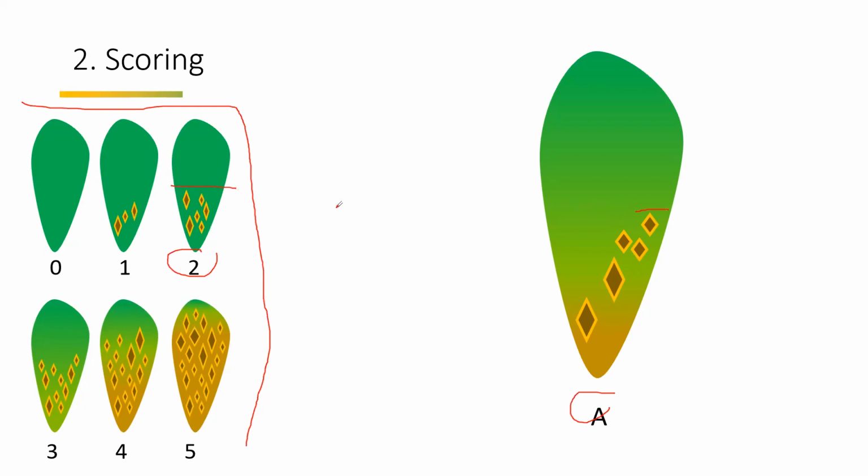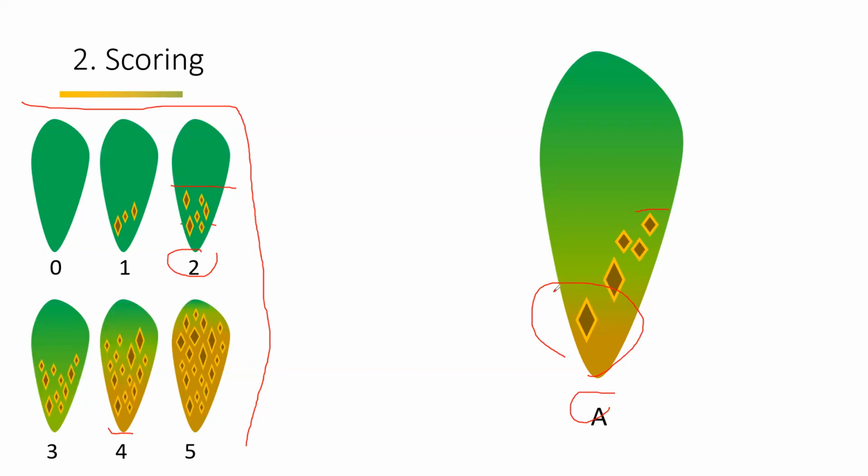But some of you may see there is a browning here. Yeah, there is a browning here. And score 2 still does not have any browning. If we find browning, we put it in score 4. So it will be different.